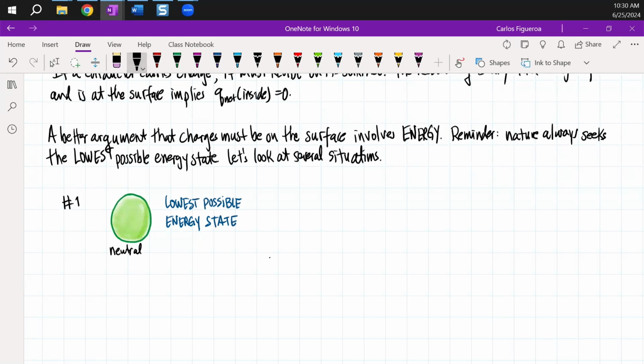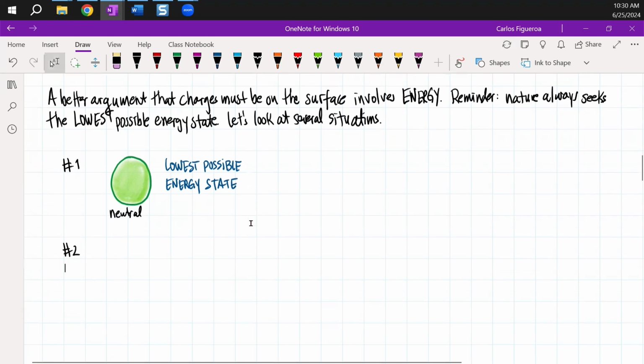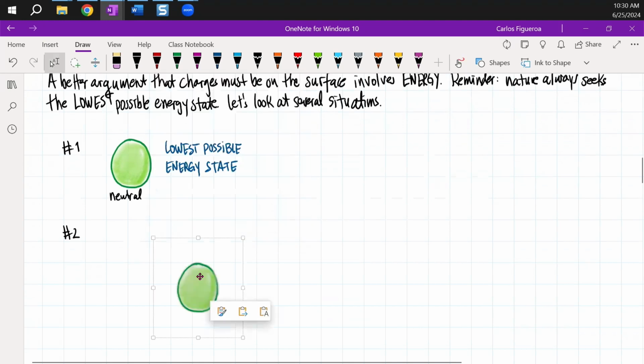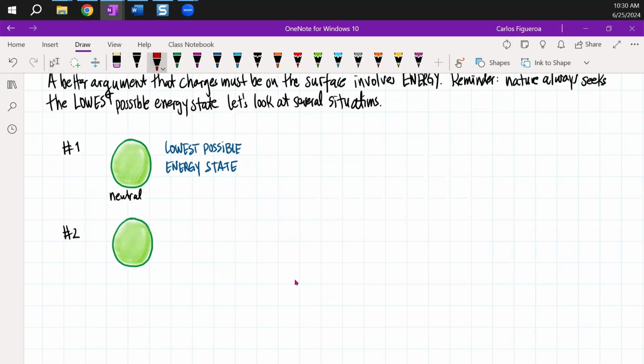Now let's go to number 2. So now what I'm going to do here is come in and scatter some charges. I'm going to take some charges and just scatter them inside. So what are these charges going to do? I place charges on the inside.